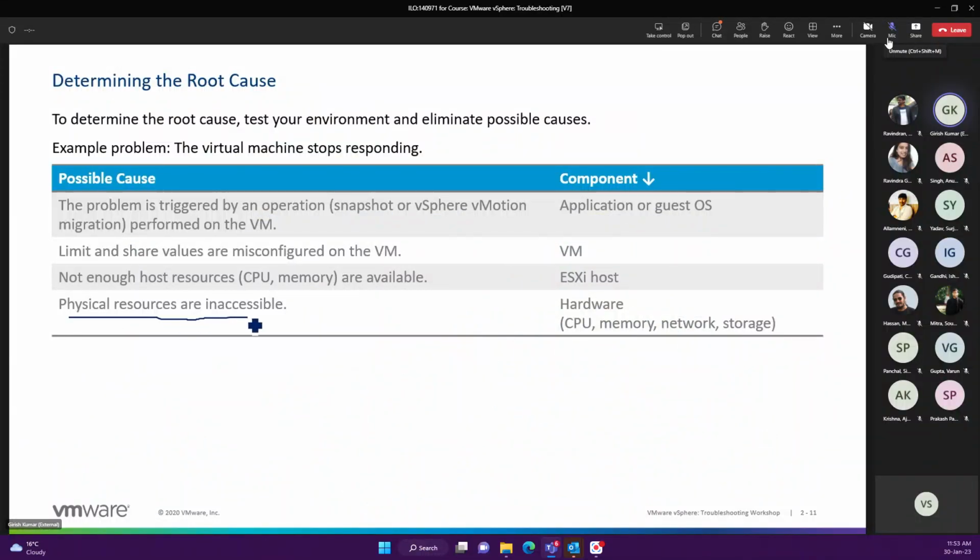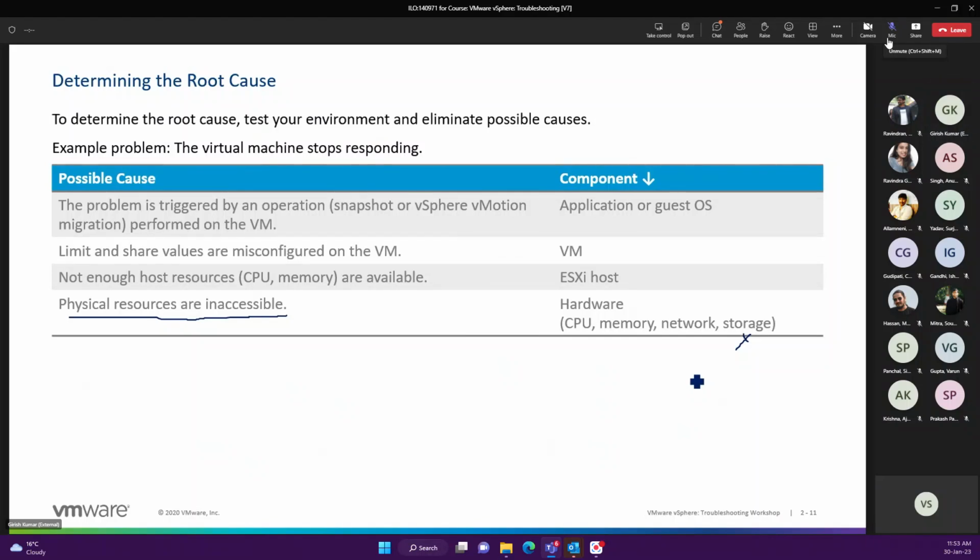Physical resources are inaccessible. Might be one of the memory sticks got damaged, network LAN cards stopped working, anything. We lost one of the storage. Only on a specific ESXi host, not on all ESXi hosts.